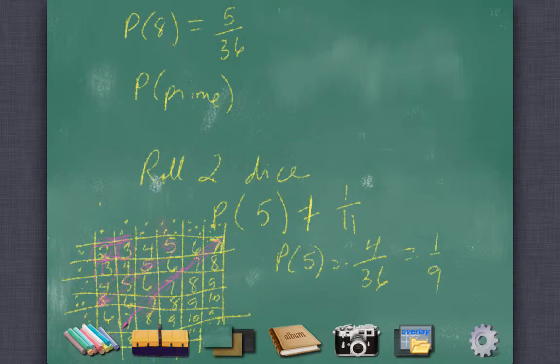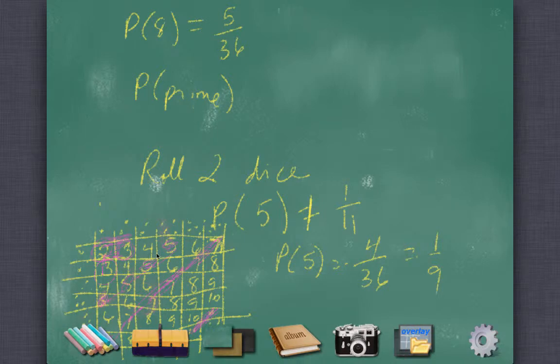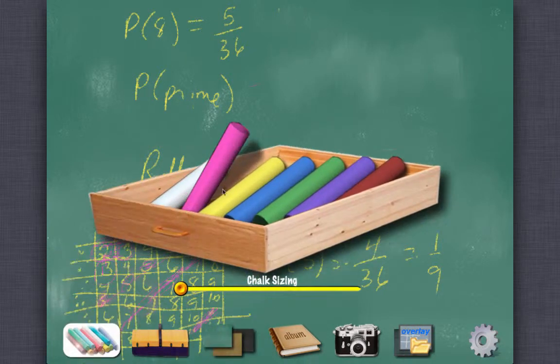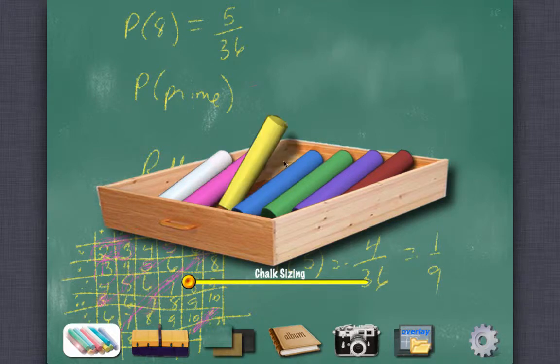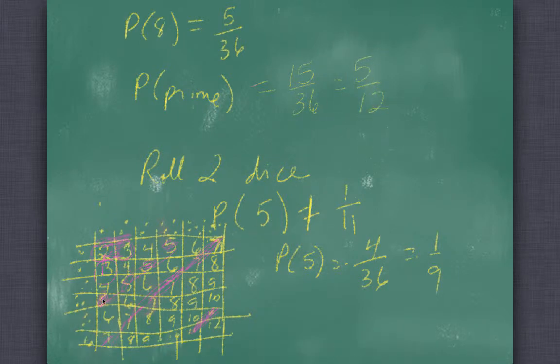If I had a different color, I could mark these better, and 11. So 1, 2, 3, 4, 5, 6, 7, 8, 9, 10, 11, 12, 13, 14, 15. And I would reduce this.